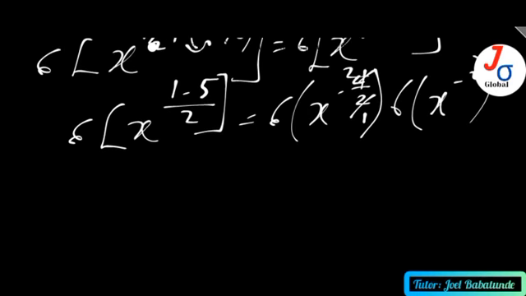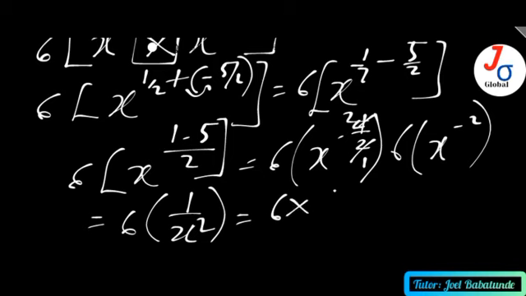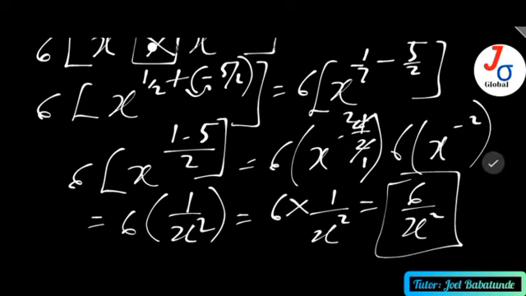From the laws of indices, that becomes 6 times 1 over x squared, which gives us 6 over x squared. Okay, good.